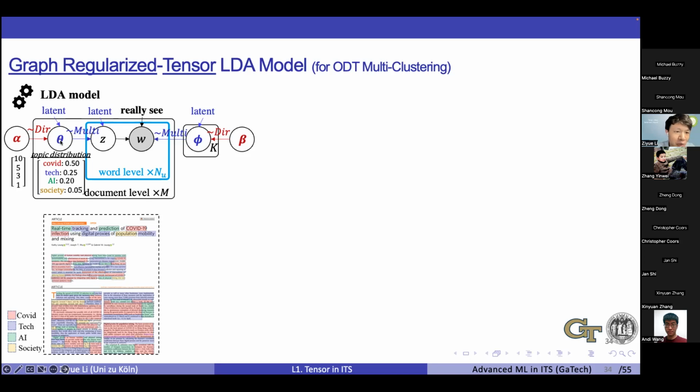From this theta, we do a multinomial distribution. We sample a topic from here. For example, we sampled the COVID topic, so z equals 1. Let's say d equals 3, the AI topic. Then we look at the third column of phi.